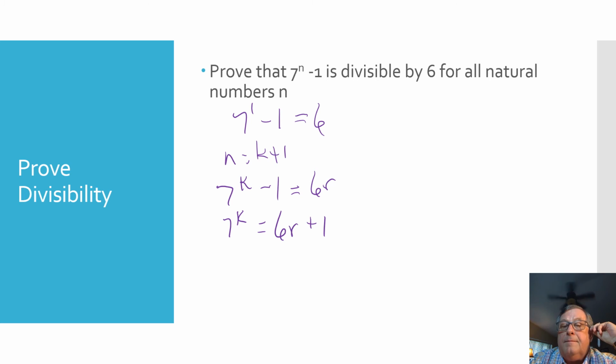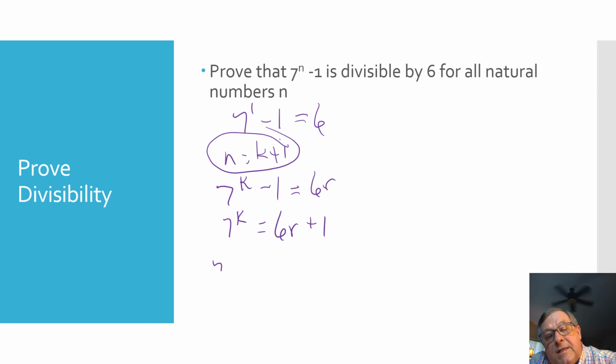Okay, all right. Now, we want to prove if this is true when n is equal to k plus 1. So then we could say that 7^(k+1). Well, what is that? 7 raised to the power of k plus 1.